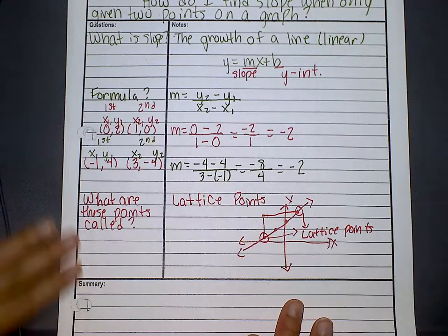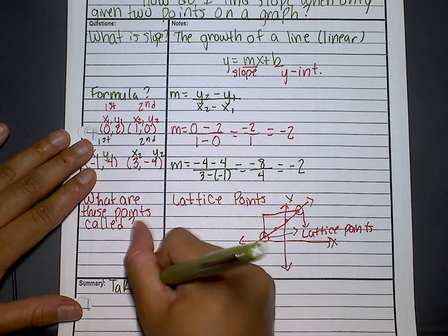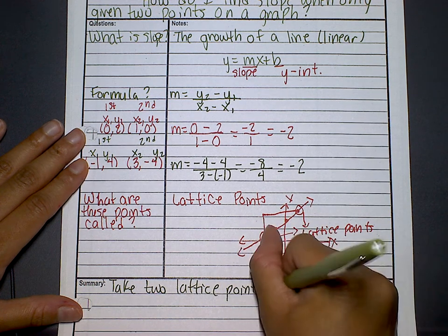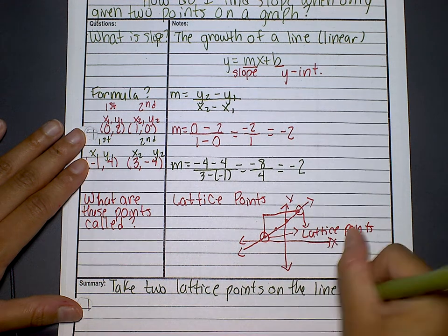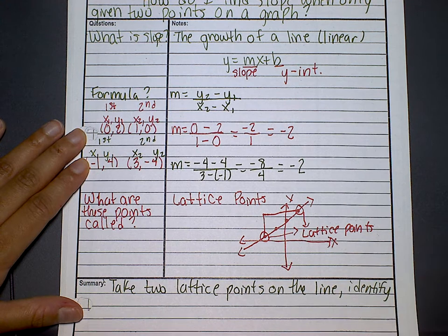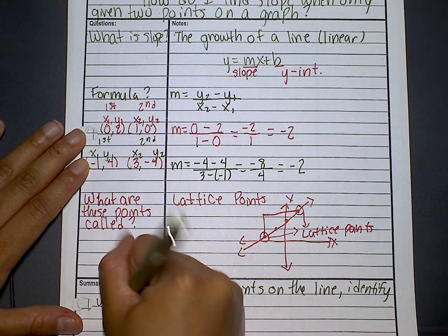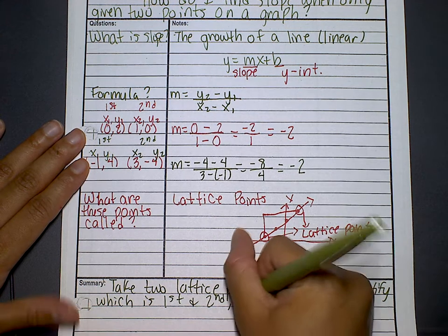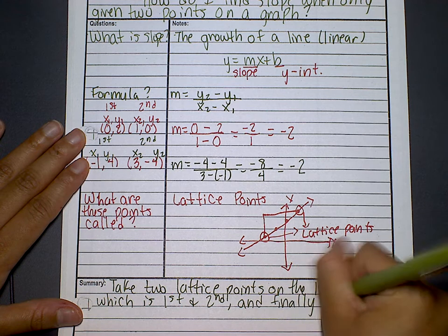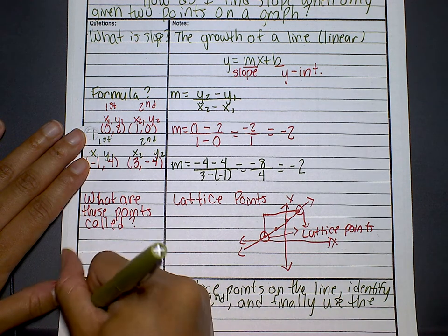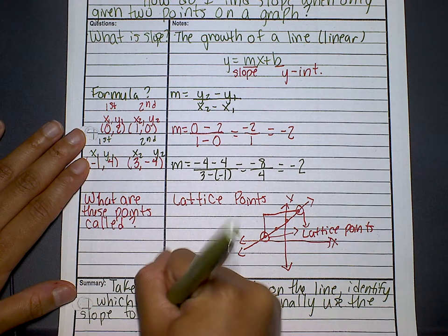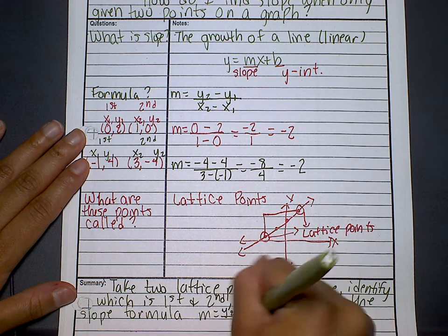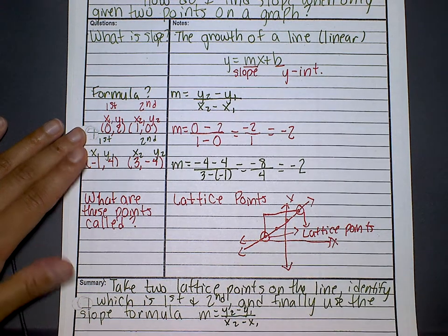The answer to this question is, take 2 lattice points on the line, identify which is first and second, and finally use the slope formula, m equals y2 minus y1 over x2 minus x1, to solve for slope.